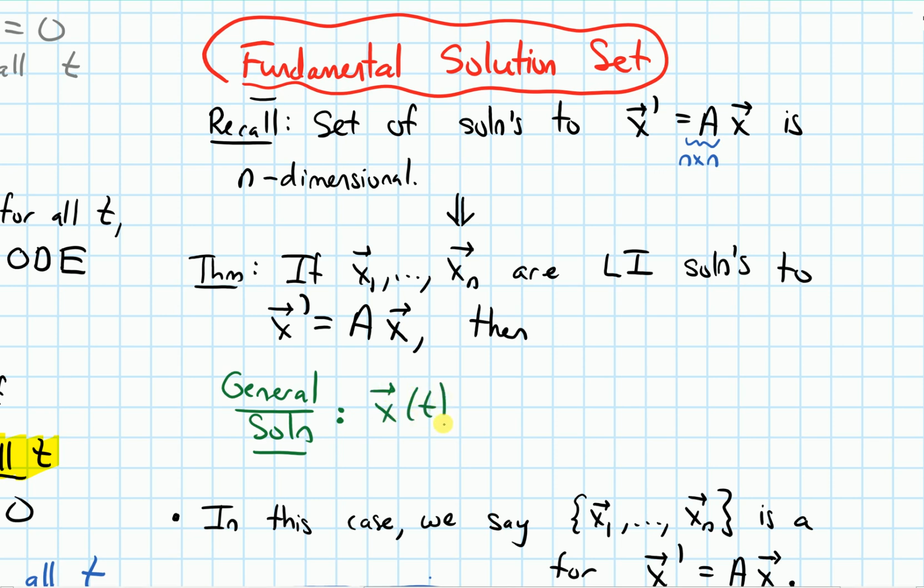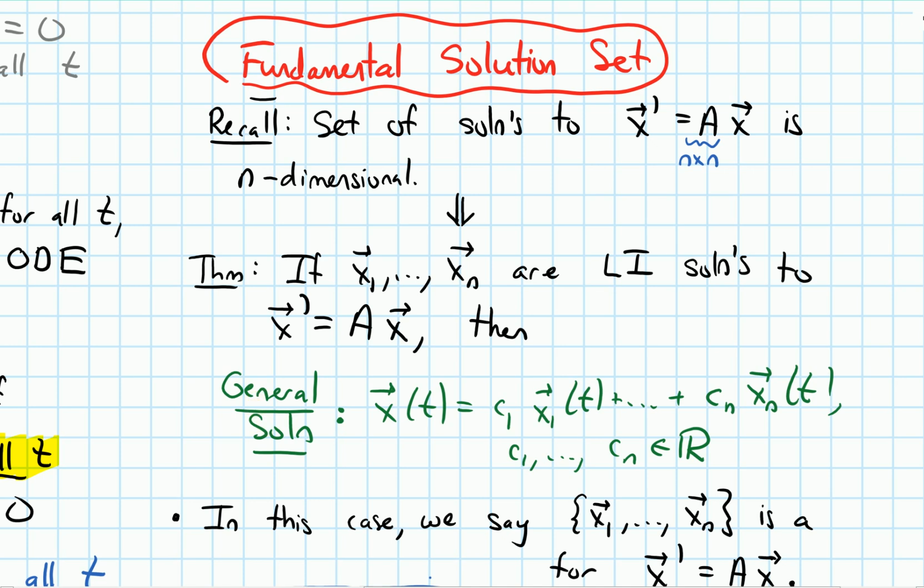It's a vector valued function. It's going to be all the linear combinations of these n linearly independent solutions. So it'll look like c1 times x1 of t plus dot dot dot up to cn times xn of t, where the c1 up to cn are real numbers. So that's what the general solution will look like.